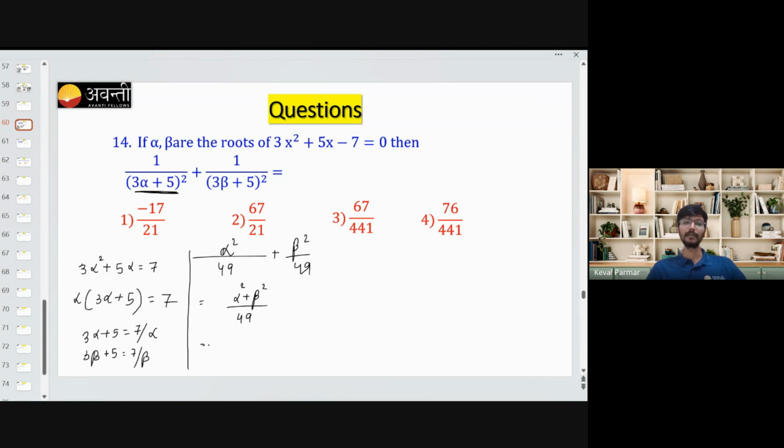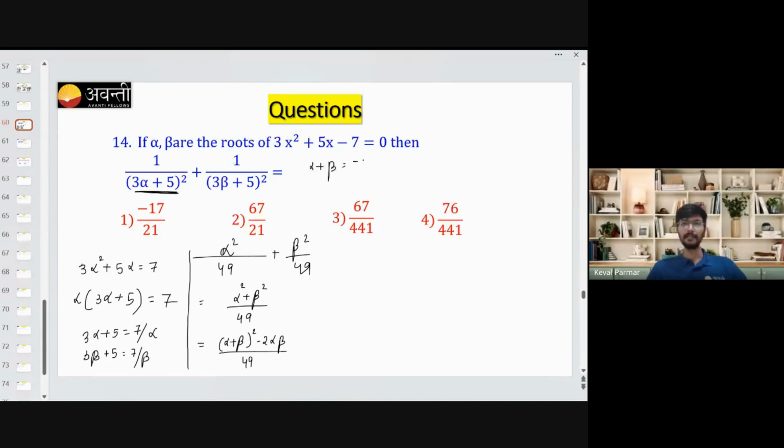What is alpha square plus beta square? If you know, you can directly write it. If you don't know, see question number 1. How did we get alpha square plus beta square? It was alpha plus beta, the whole square minus 2 alpha beta, upon 49. Now, from here, what is alpha?